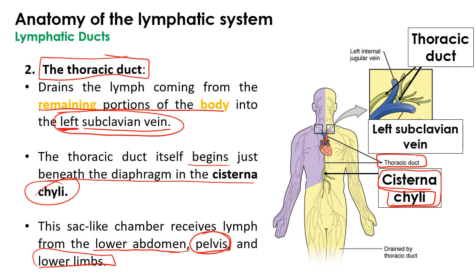So the lacteals that absorb the fat from your diet will drain at some point into the cisterna chyli. From there, the fat that you eat in a meal will enter the thoracic duct and finally will drain into the left subclavian vein to finally get into your cardiovascular system.